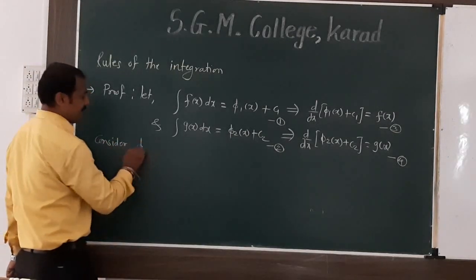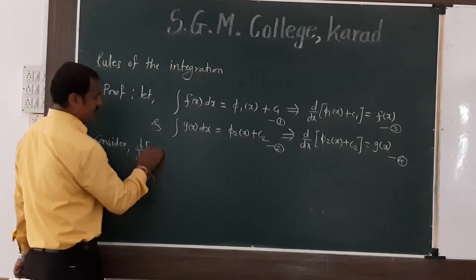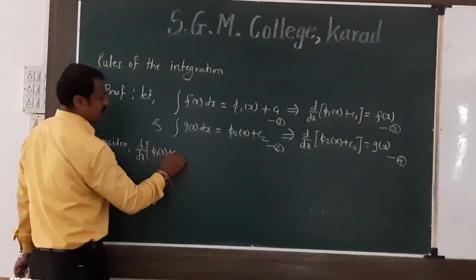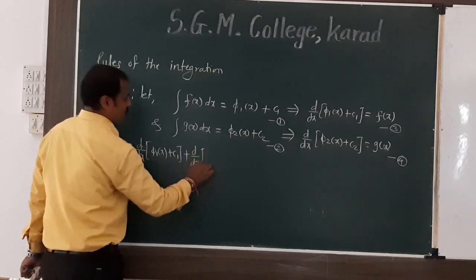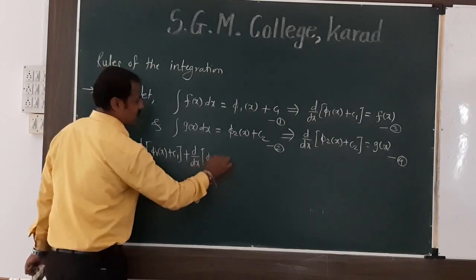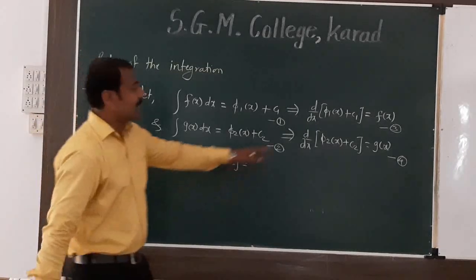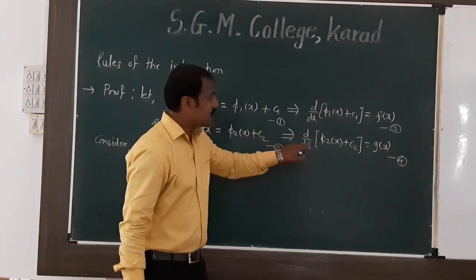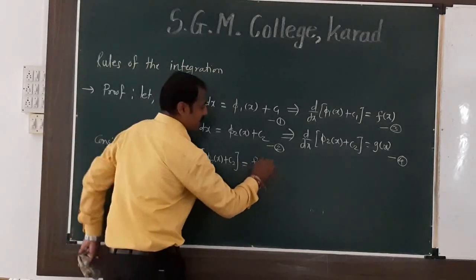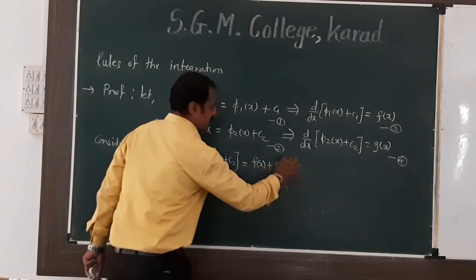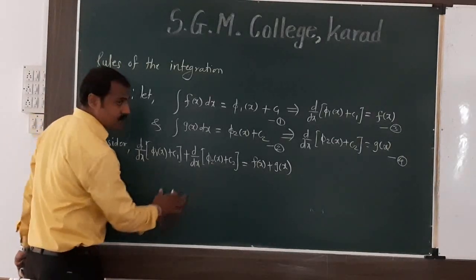So we get d/dx of phi 1 of x plus c1 plus d/dx of phi 2 of x plus c2 is equal to, we add LHS terms. Now we add RHS terms, is equal to what? f of x plus g of x. Okay, here derivative is separated to both the terms.